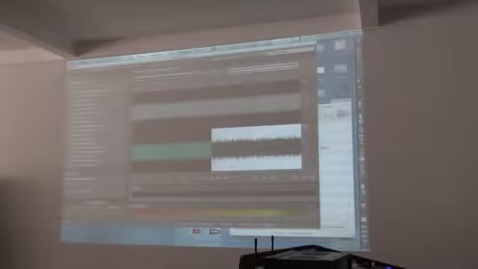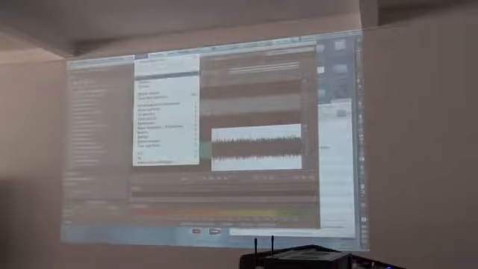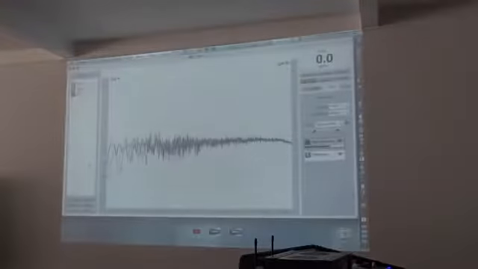But let's undo the delay, and let me do a polarity reversal in one channel. If I do polarity reversal in one channel, then the two signals cancel.